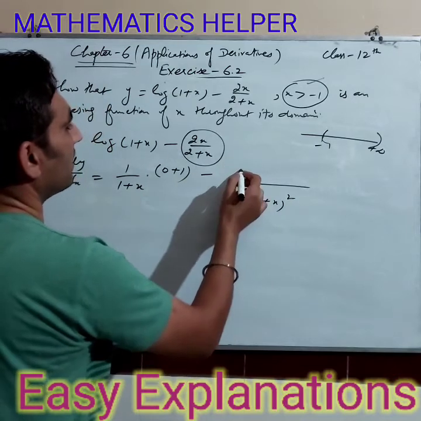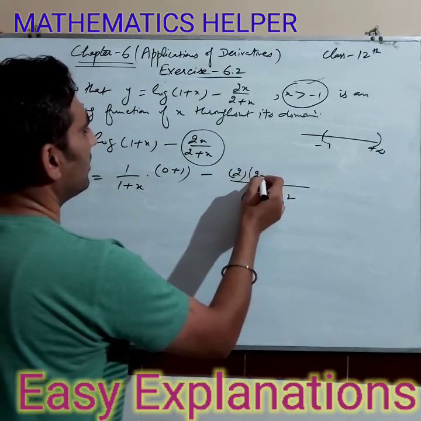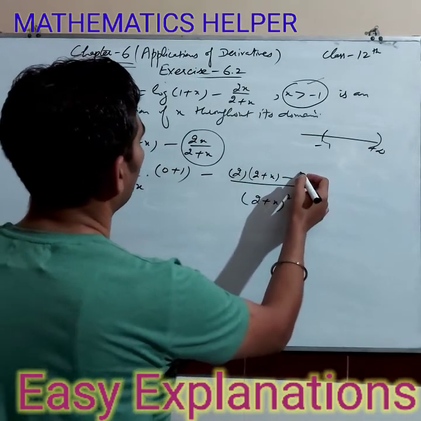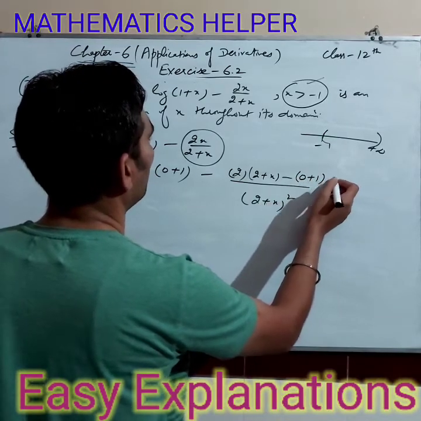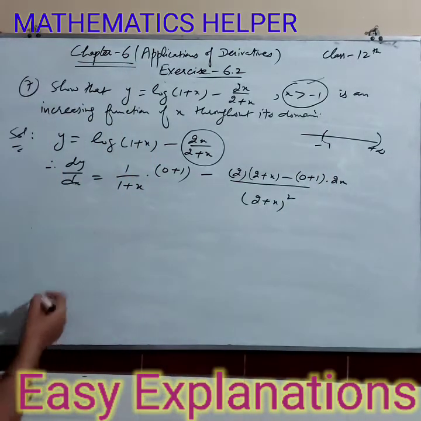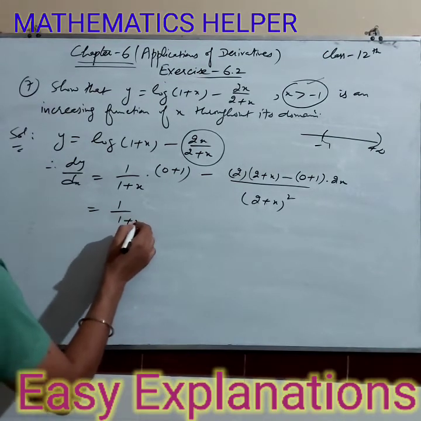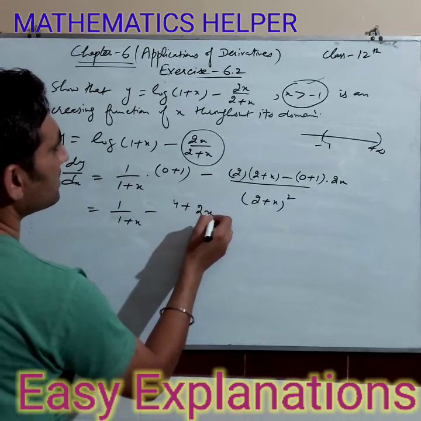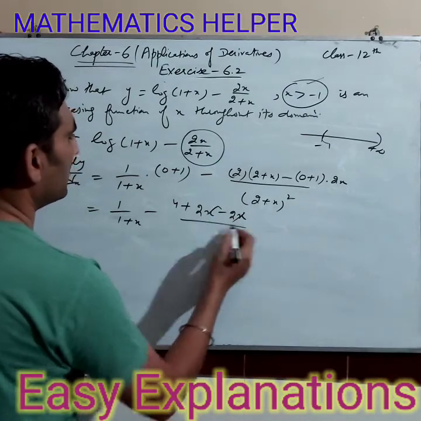Then derivative of numerator, which is 2x, its derivative is 2. Denominator as it is, then minus sign. Derivative of denominator, which is 2 plus x, its derivative is 0 plus 1, into numerator as it is. So this is the derivative. Now it will be 1 over 1 plus x minus, it is 4 plus 2x minus 2x, which is like this.